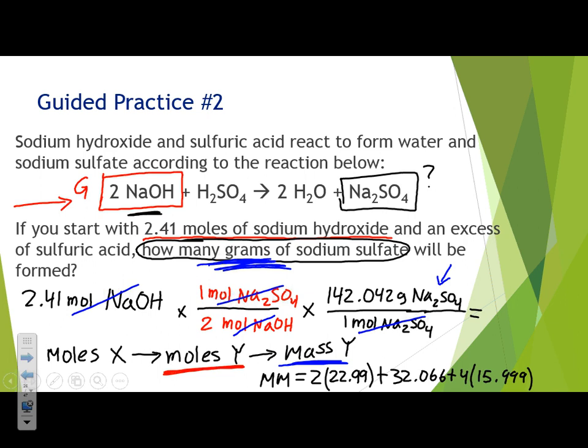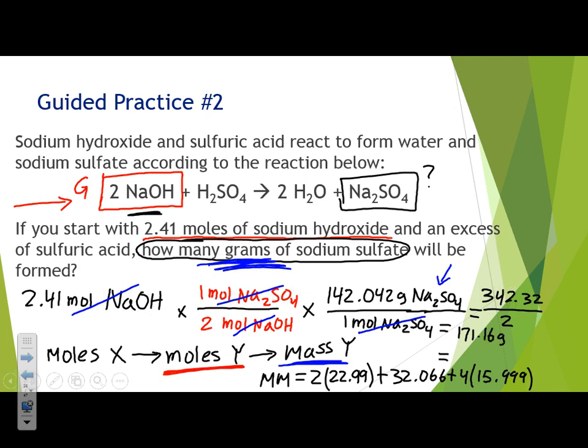So as we multiply everything across the top, on top that gives us 342.32, on the bottom, that gives us just 2. Now, after we divide, we get 171.16 grams.